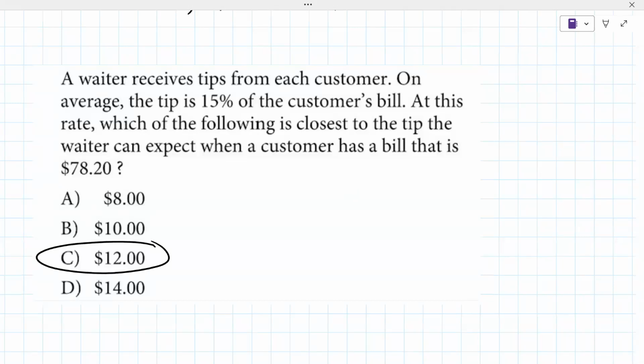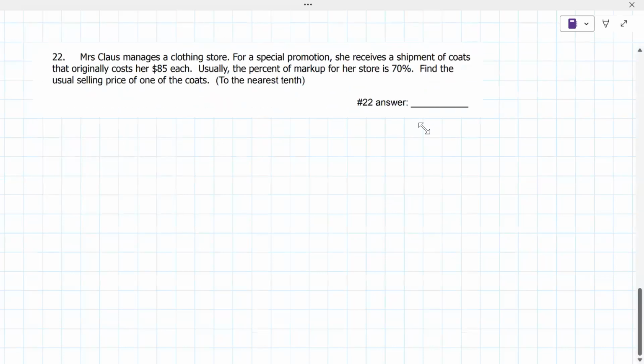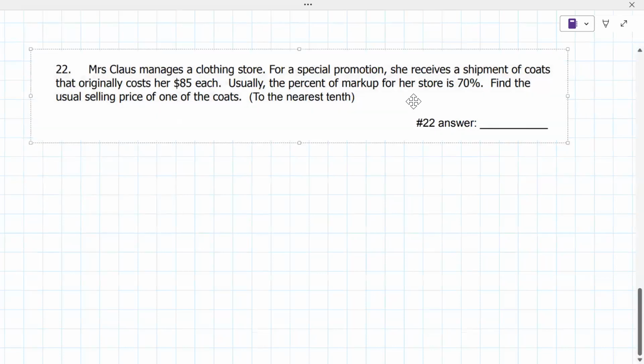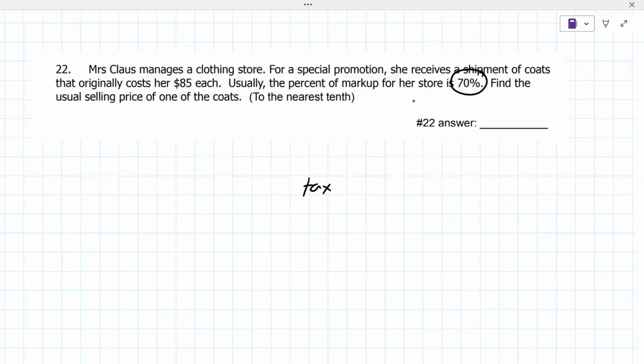Right. So the next type of problem is, and they're not always taxes and tips. This is a free response problem, so no multiple choice here. The markup is 70%. Whether it's a tax, a tip, or a markup, you're going to add this to the original.